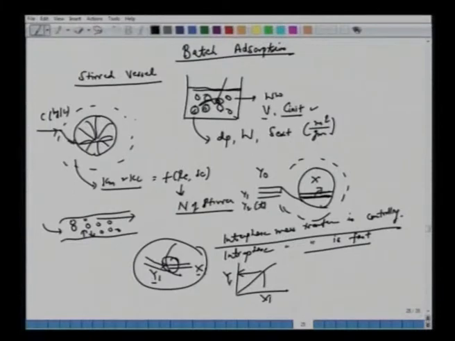So this assumption has two consequences. One, there is only one solid phase concentration level, no concentration gradient inside.